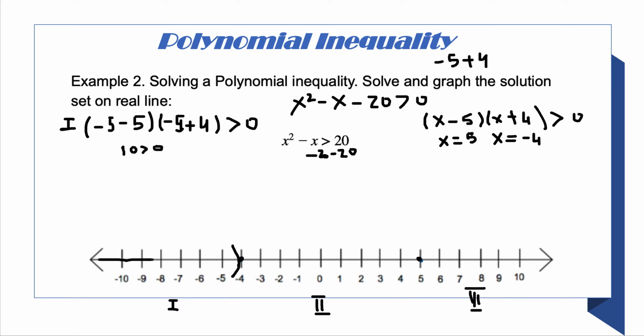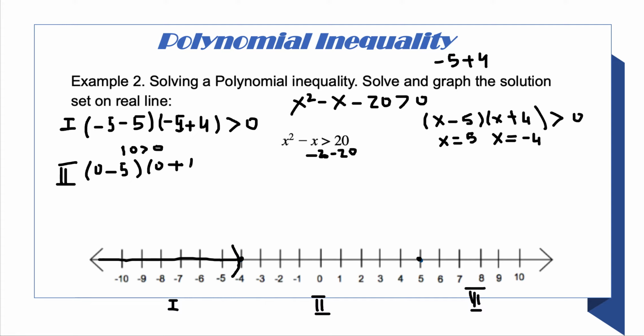This is the set of the solution, so let me include it in this way. Now I'm looking at region 2, between minus 4 and 5. Let me take 0 here. Instead of the x, I'm plugging in 0 minus 5, and instead of the x on the other side, I am plugging in 0 plus 4.